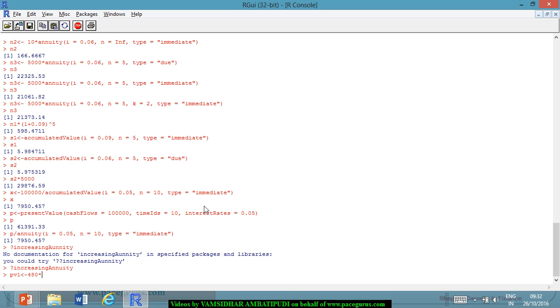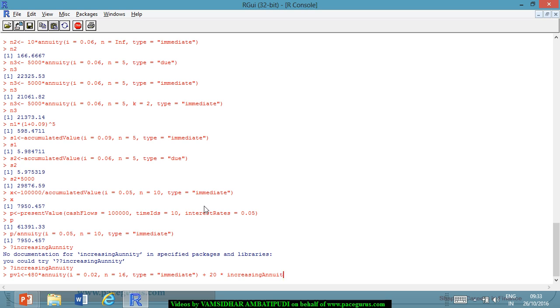So I'm taking annuity I equal to 0.02 for a period of 16 years, and the type is immediate. So this is the annuity portion for that 480.